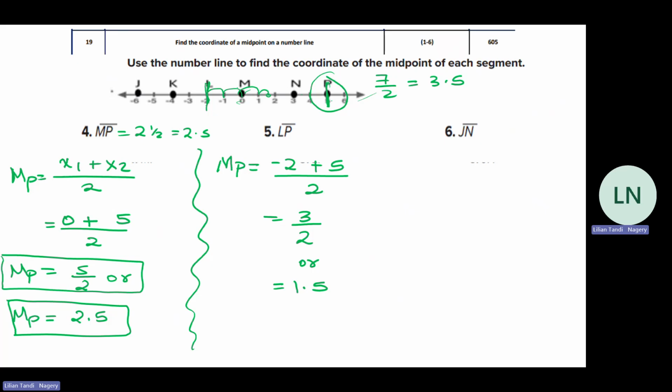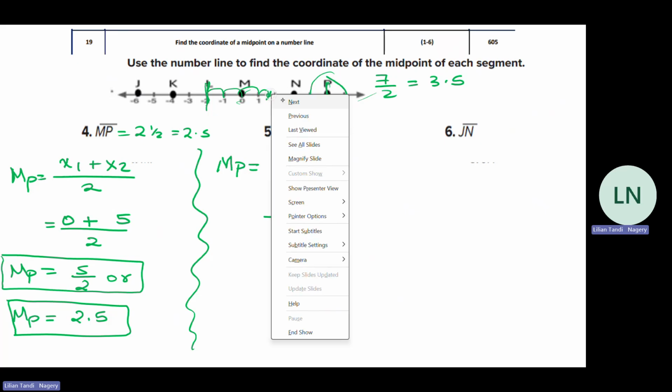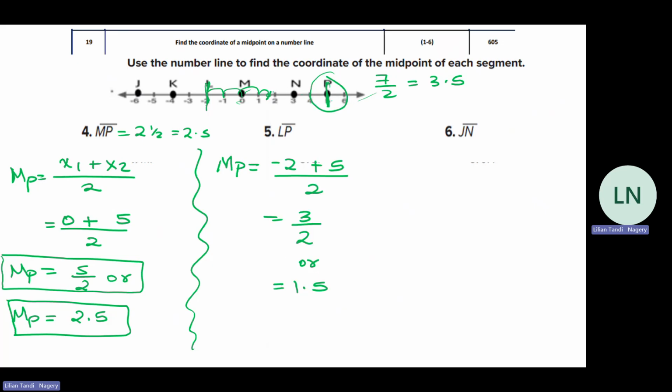So you count 3.5 spaces from either end, and where you stop, that's where your midpoint is. So according to my picture, I am correct. Okay. So you have here MP and here MP, and you box your answer.